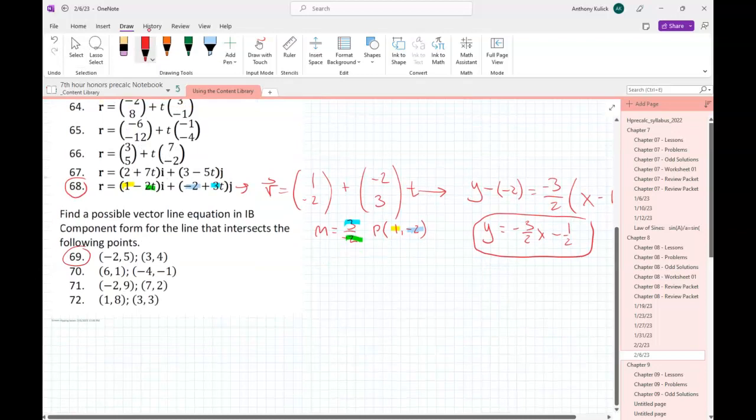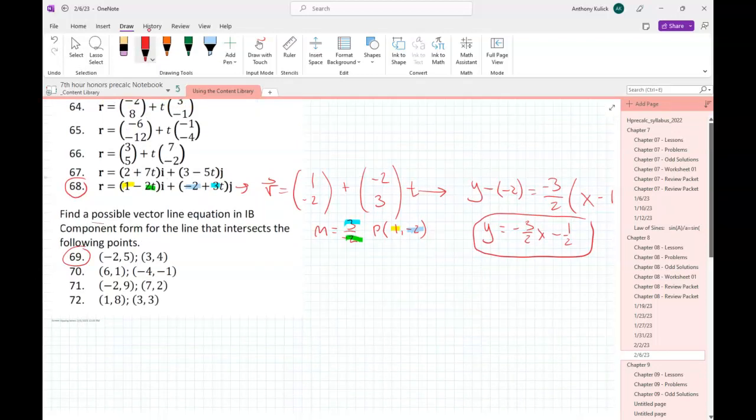And then 69, it says to find a possible vector line equation IB component form for line that intersects the following points. So why does it say possible there? Yeah, there's infinitely many possibilities. So my vector line equation needs to look like this, right?